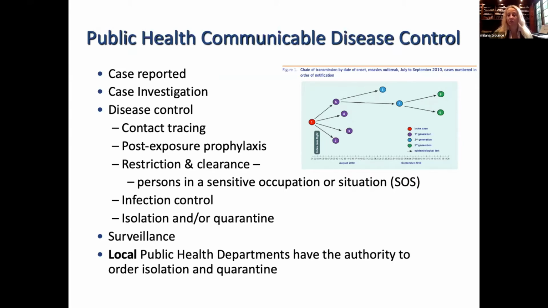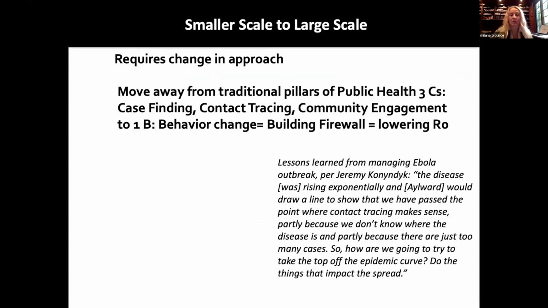It's not going to work for COVID-19 because we're no longer in containment mode now. There is so much asymptomatic spread. It's difficult with the testing. So now this requires a change in approach where we move from traditional pillars of public health to essentially behavior change.